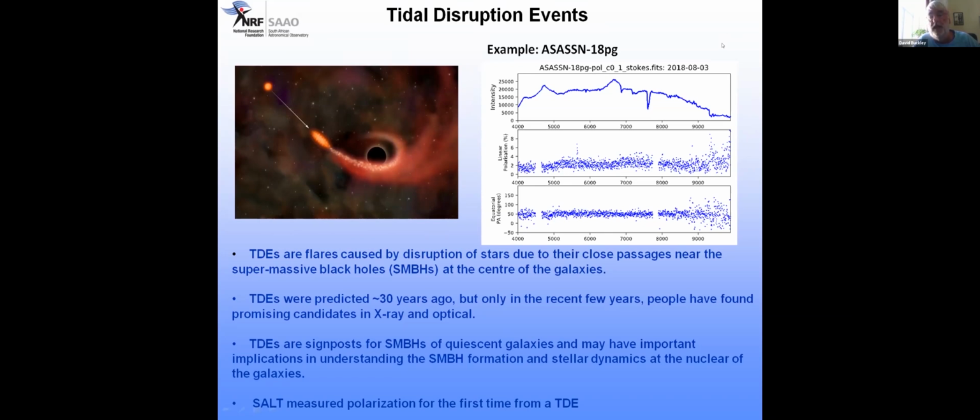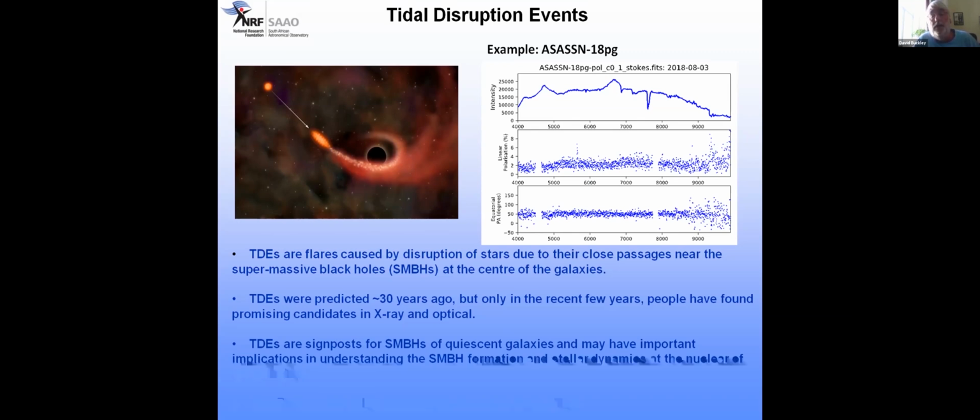So TDEs were predicted about 3 decades ago, but they've only really started to be found in bigger numbers with X-ray surveys and optical surveys. But they're very important in the sense that they're able to probe the supermassive black holes and the nature of the stellar dynamics in the nuclei of galaxies.